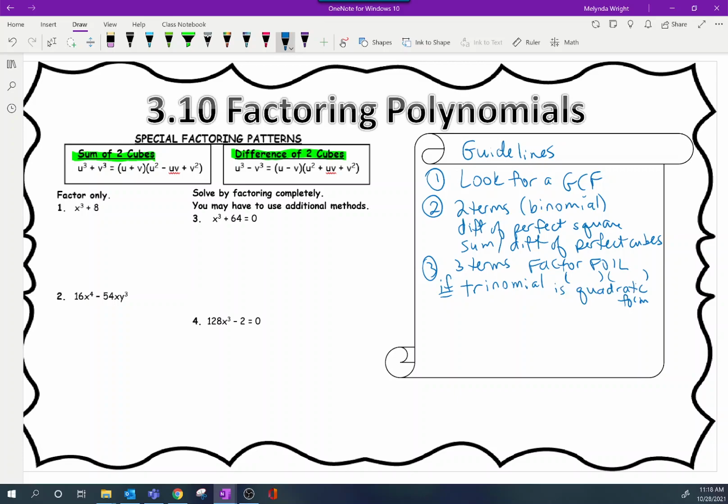Quadratic form would be like the variable, we usually use x, to the 2a, that would be my exponent, plus or minus x to the a, plus or minus just a regular plain old number. So this exponent needs to be twice the value of this one, and this just needs to be a regular number.